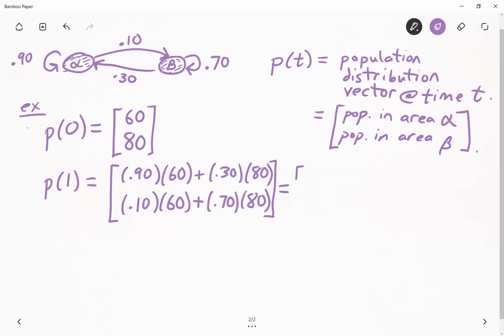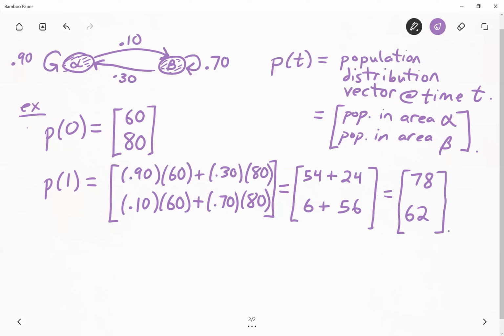So if we calculate this out, we'll get 90% of 60, that's 54, plus 30% of 80, that's 24. So next year's population in area alpha is 78. Similarly, in the beta region, we'll get 10% of 60, which is 6, plus 70% of 80, which is 56, leading us to a final population of 62 in the following year.